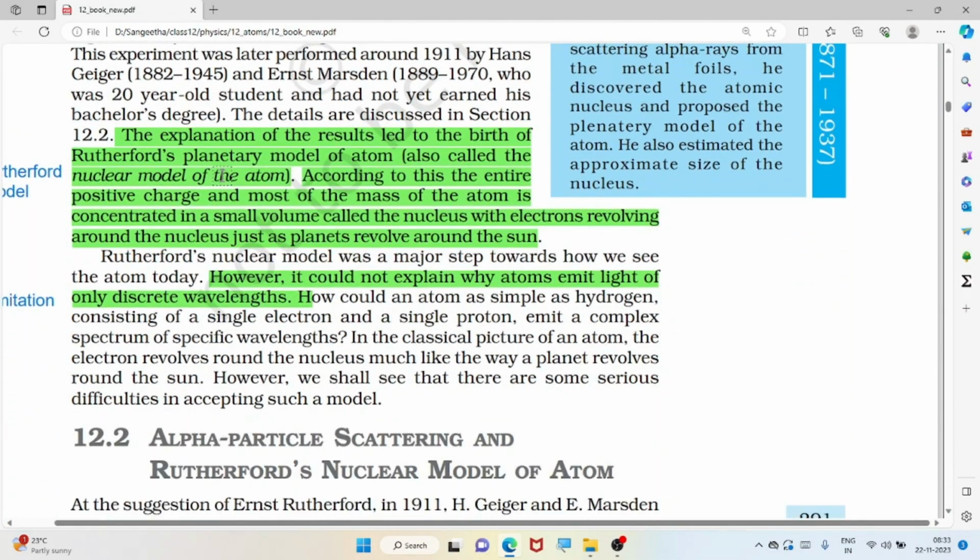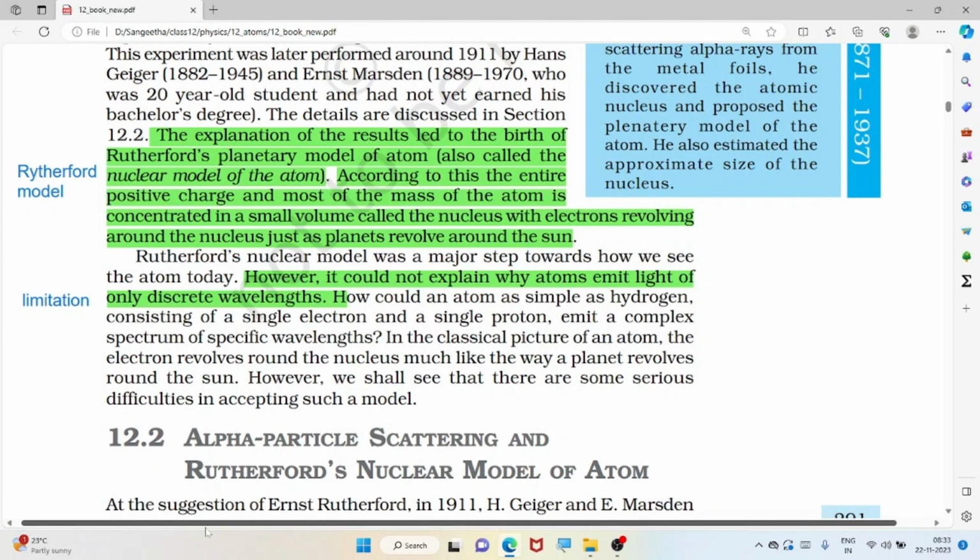Now this is Rutherford's model of the atom. According to this, the entire positive charge and most of the mass of the atom is concentrated in a small volume called the nucleus, with the electrons revolving around the nucleus just as planets revolve around the sun.